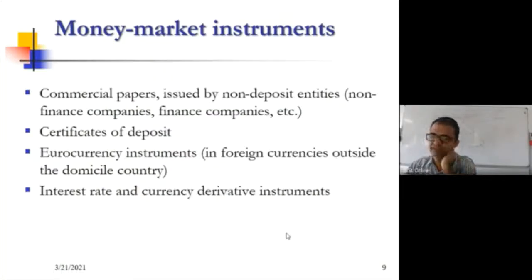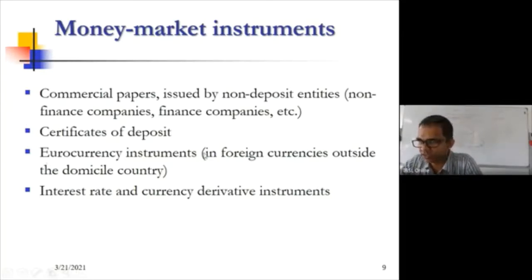And from the corporate side, as mentioned, commercial papers issued by non-deposit entities. That means corporates which cannot take deposits issue commercial papers, and certificates of deposits are basically issued by financial institutions.